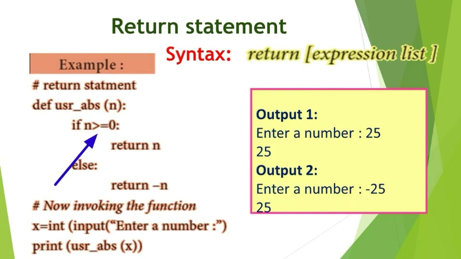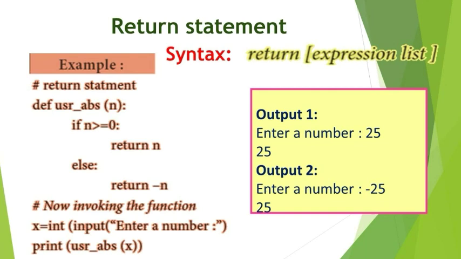If the n value is greater than or equal to 0, then it returns the n value. Otherwise, if n is not greater than or equal to 0, then it returns minus n, which means the negative of n. So here you have to enter the input value. x is a variable, int input, enter a number.